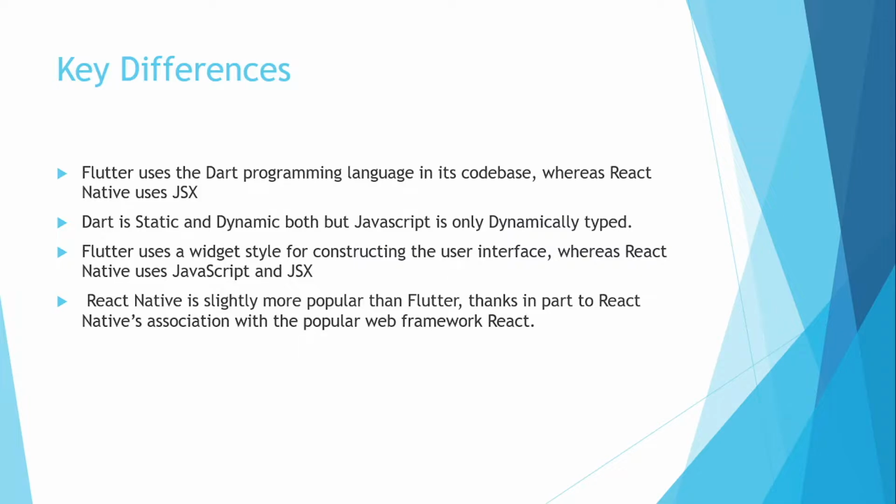And the Dart programming language is both statically typed and dynamically typed. So what is a static and dynamic typed language? Static means you have to declare the type of the variable. For example, if it is a variable which will store integers, you have to specify that it will store integers, just like in Java, where we declare the data type and we cannot assign other values to it if it is a certain data type's variable.